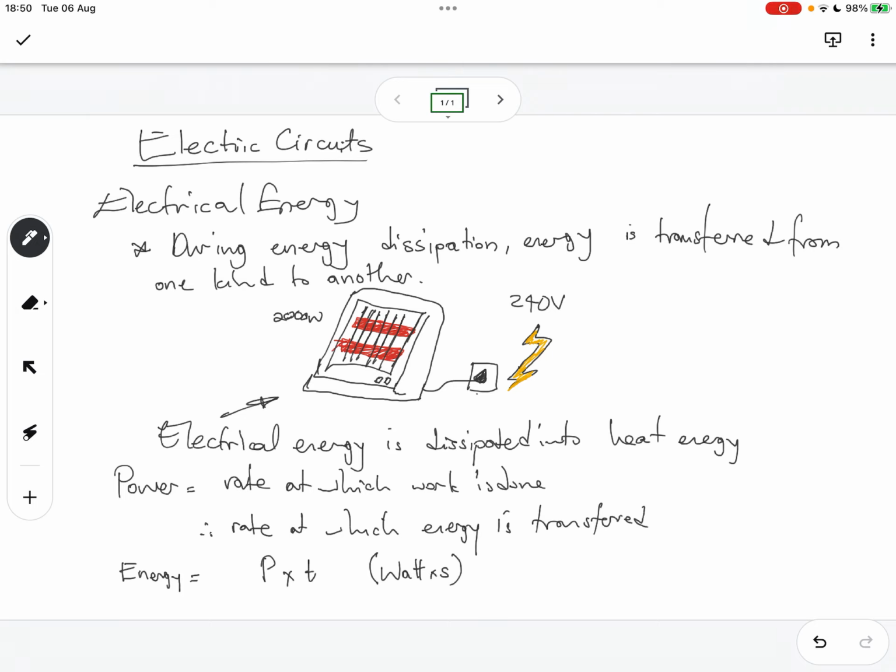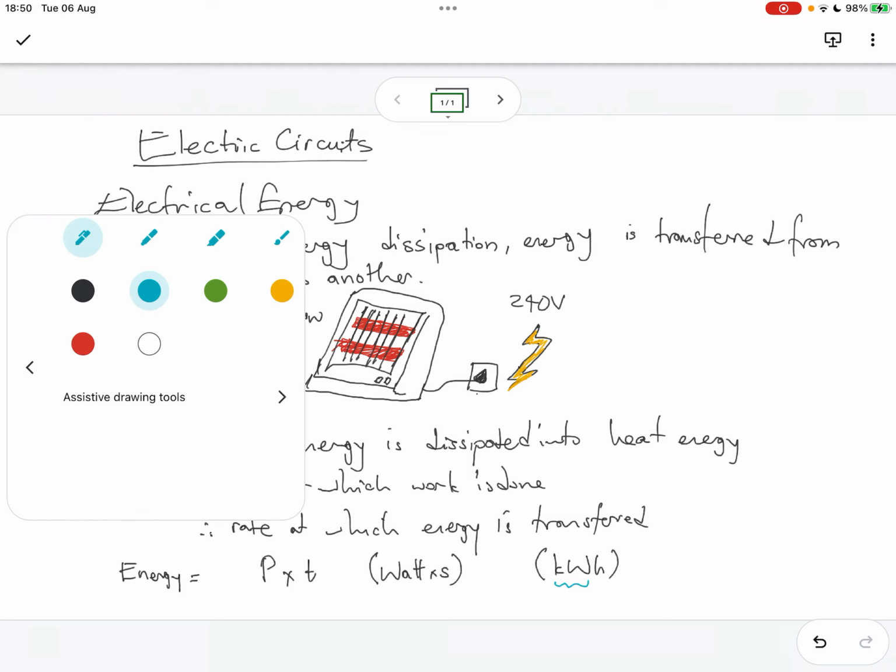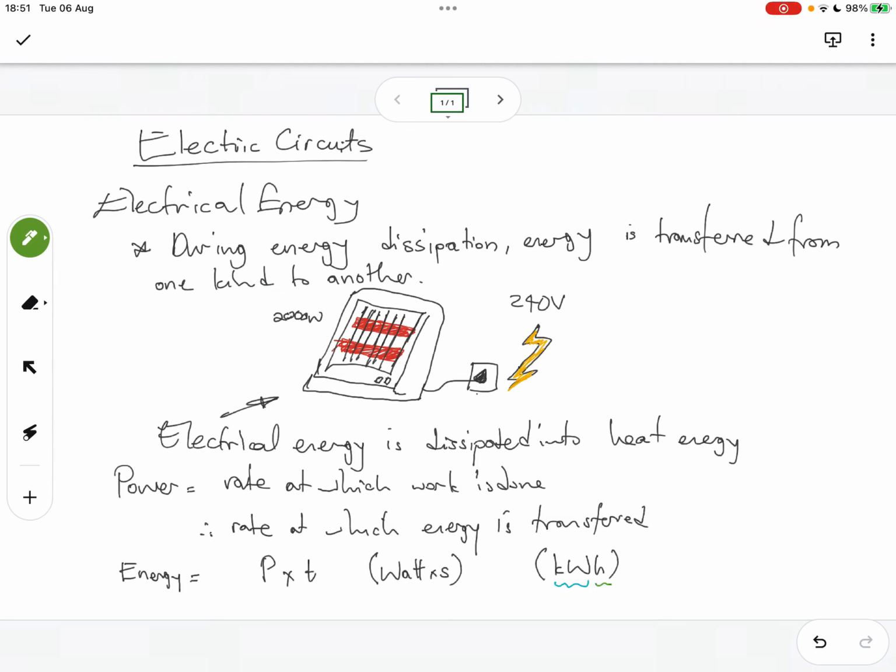This is how your electricity meter, whether it's Conlog or ESCOM, measures the units of power, because it's measured in kilowatt hours, right? And that's a product of power and time. So time is in hours and kilowatt is power.